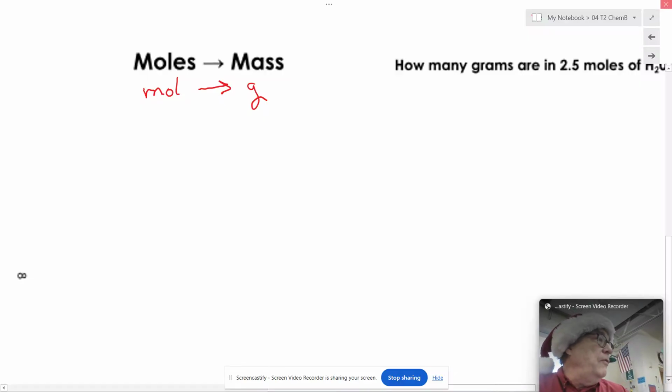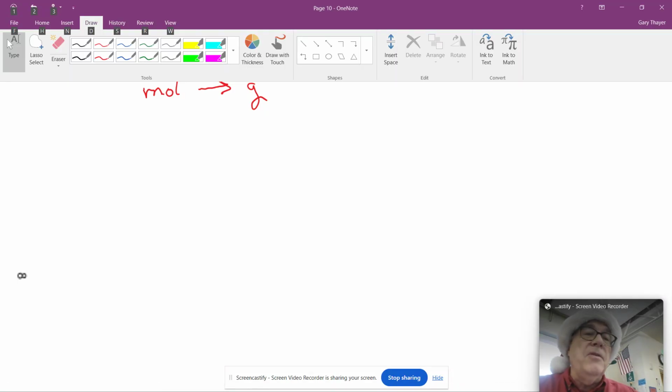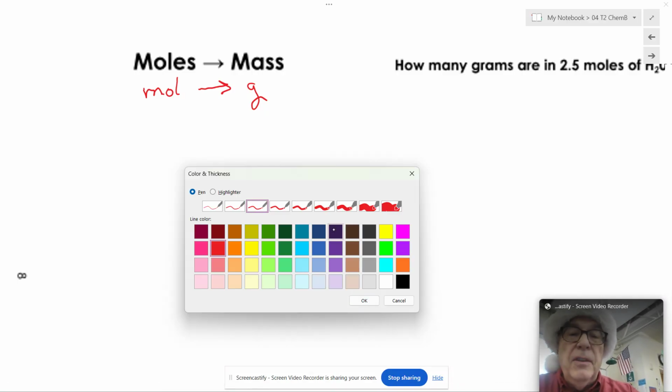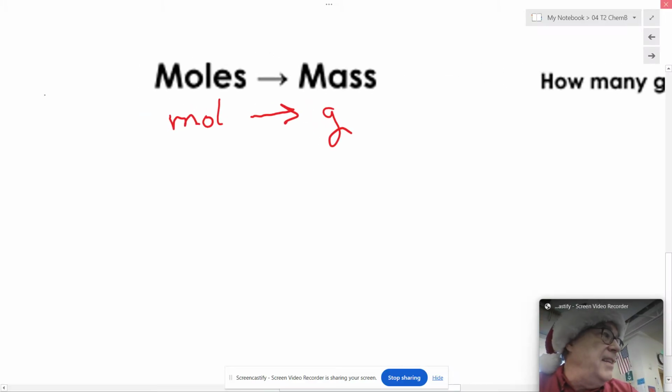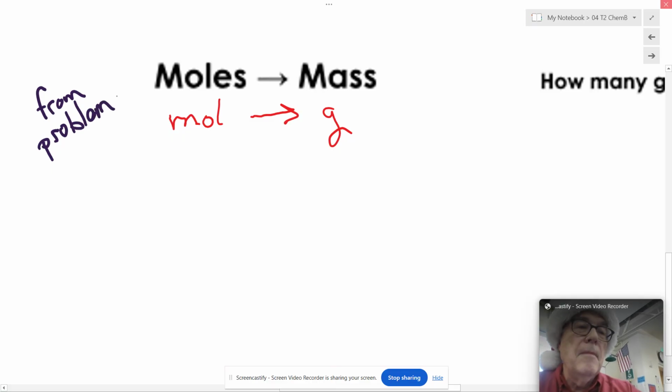So we're converting from moles to mass. So the thing that's in the problem to start with, let's find a different color just for the fun of it. The thing that's starting in the problem, that's given in the problem, is going to be moles.